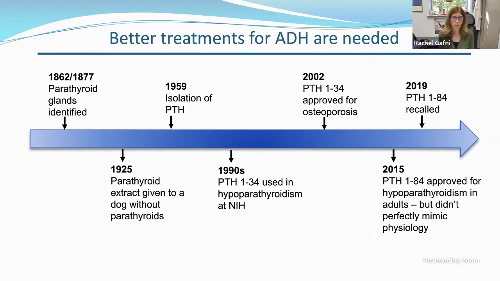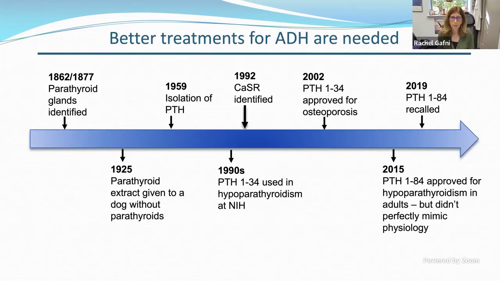And then PTH was isolated, and in the 90s, we started using it at NIH in hypoparathyroidism. It was approved in 2002 for osteoporosis. And then, of course, I think you all know the story of the PTH 1 to 84 approval in 2015, which was soon after removed from the market in the United States.